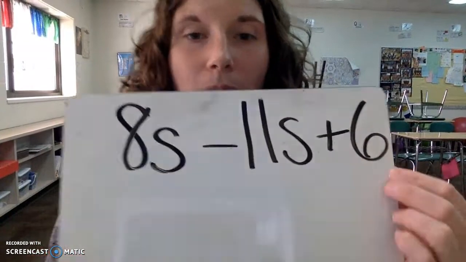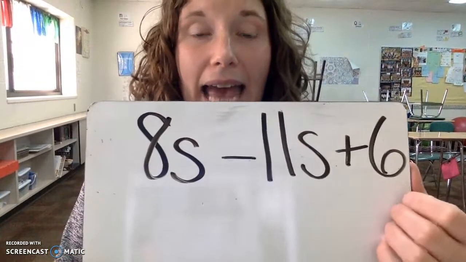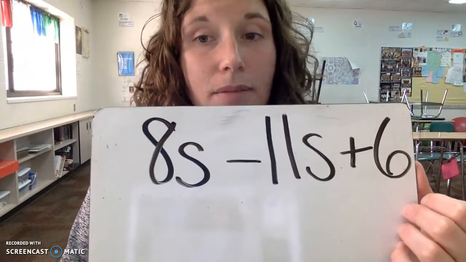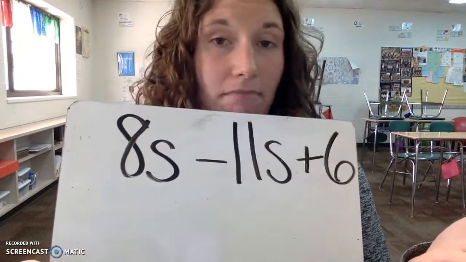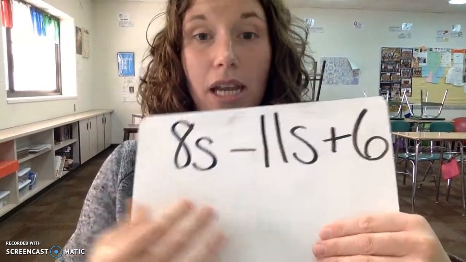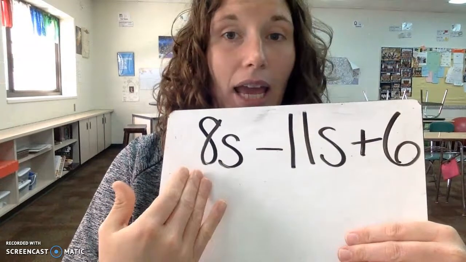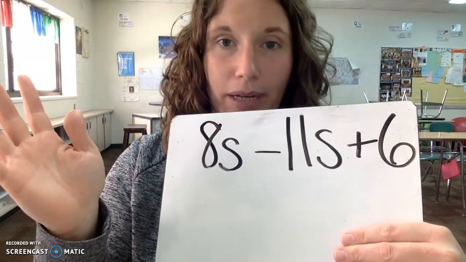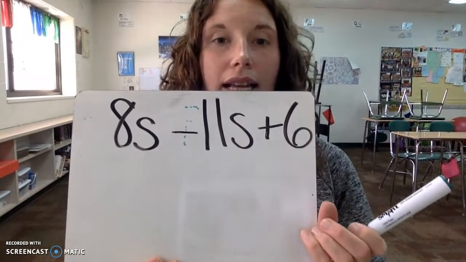It's just empty. All right, so now I have 8s minus 11s plus 6. Again, some of you might be able to see, oh, the s's go together. 8 minus 11, negative 3, right? Or we can add the opposite. So you could do that as one strategy. So adding, and the opposite of a positive 11 is a negative 11.